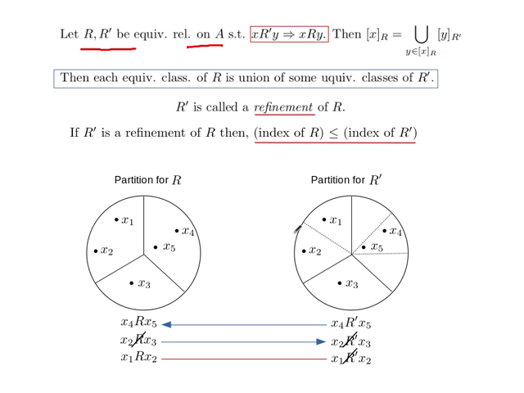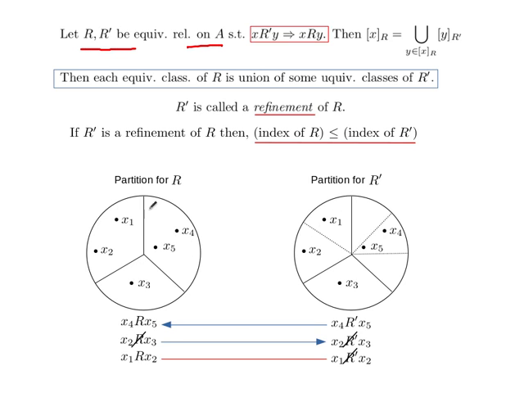So from this you can see that we already said that any equivalence class of R is a union of some equivalence classes of R prime. That means if you take a class in R, you are splitting this class. So now this becomes the union of this part and this part.